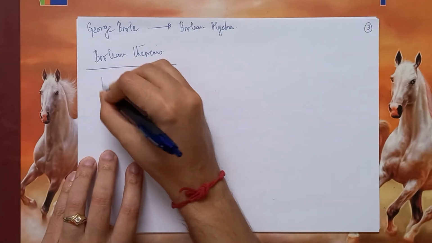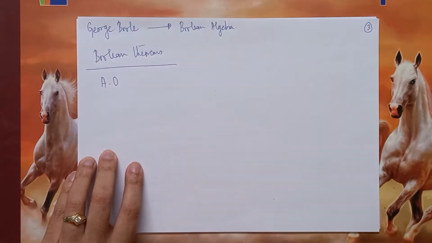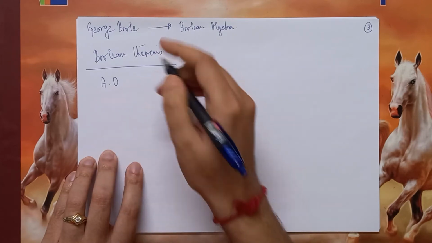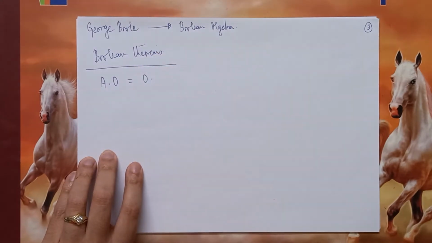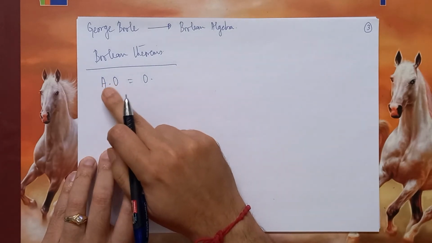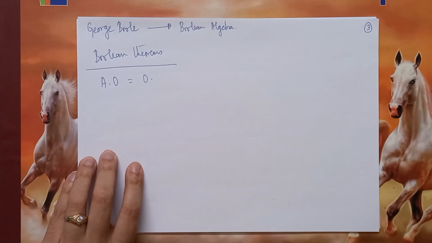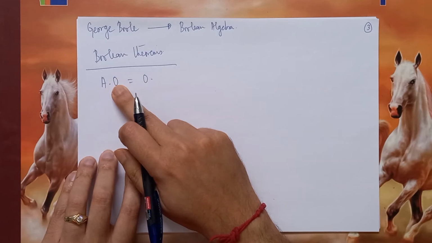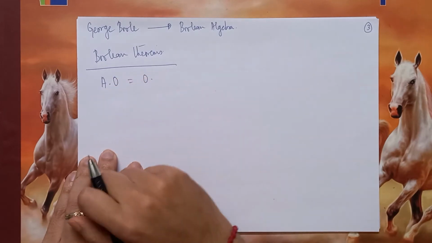So he said a dot 0, that is, if you AND any Boolean variable with 0, what do you get? You get a 0. It's like saying if you multiply any number with 0, you get 0. And we know that is true because of the properties of the AND operation. If any of the conditions are not satisfied, the output is also 0.